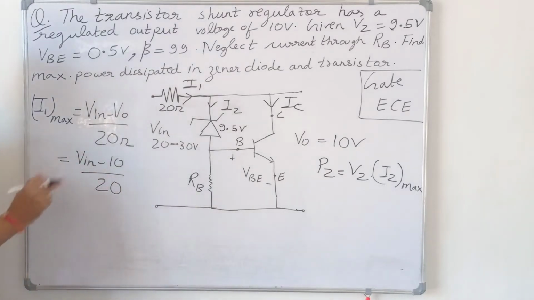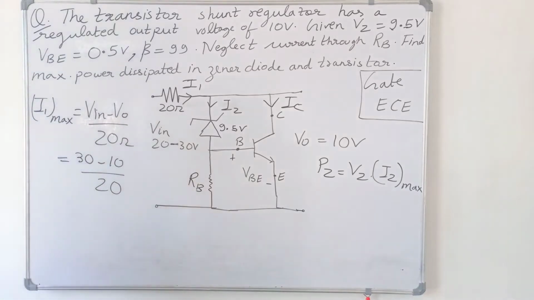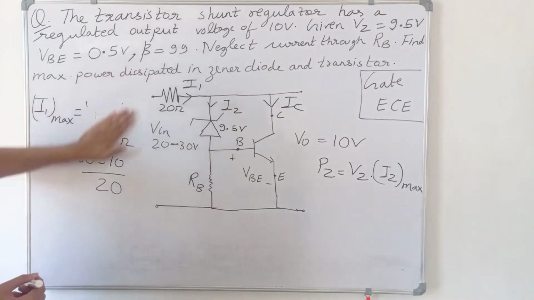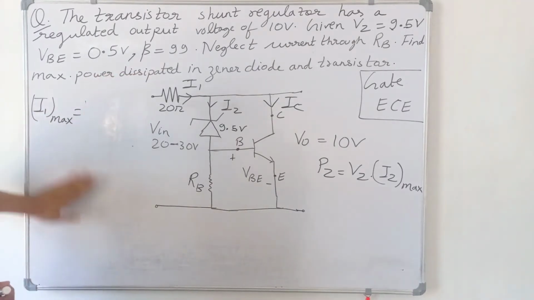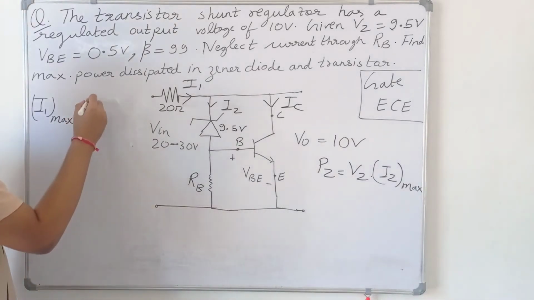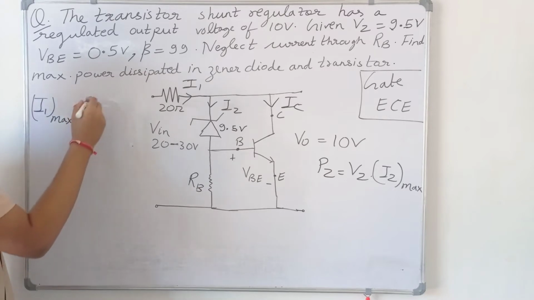Obviously it will be maximum when Vin is maximum. Vin varies from 20 to 30 volts, so the maximum value is 30. So the maximum value of I1 is equal to 1 ampere.